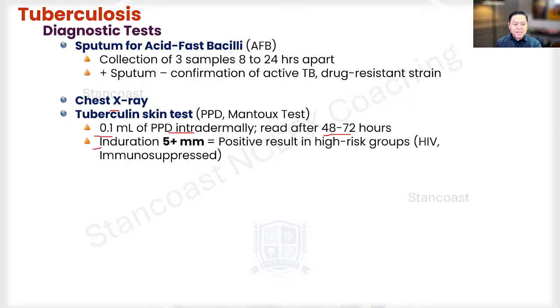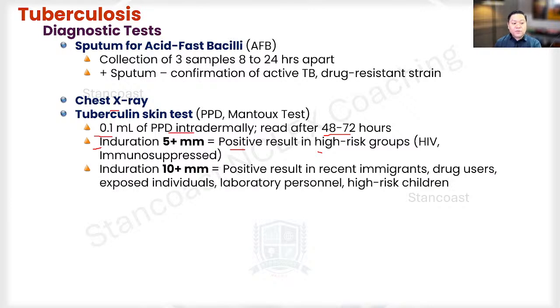For example, if the person has an induration of 5 millimeters, this is already considered positive, telling us that the patient is positive for TB if they belong to the high risk group. So for example, if they are HIV positive, or immunocompromised, and they get that 5 mm induration, they're already considered positive.